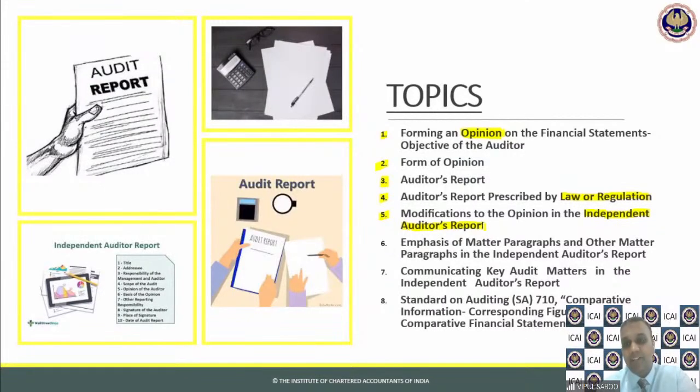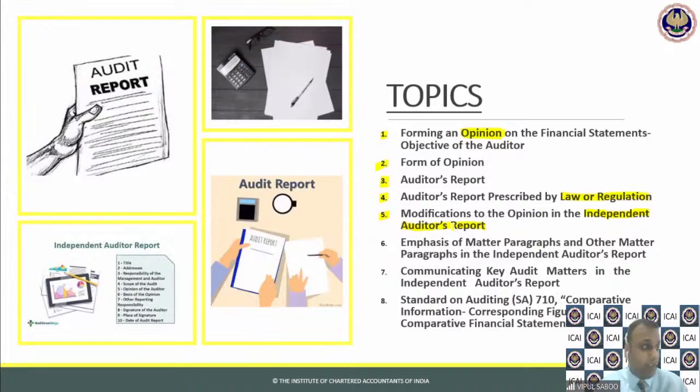Okay. So independence over here reflects upon two particulars. Independence of mind: the auditor is free from any bias, any influence. The audit is an independent audit. So that is why it is called an independent audit report.